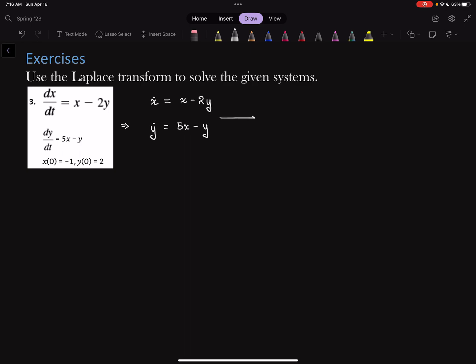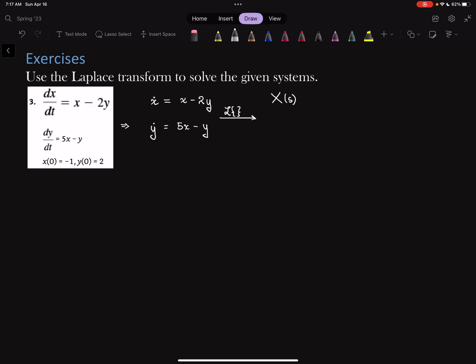Okay, well, now that we have this, let's apply the Laplace right away. So we're going to apply the Laplace transform to both sides of each equation. So the Laplace transform of x is going to be big X. Remember, now it's a function of s because we're in the s domain, but this is a derivative.